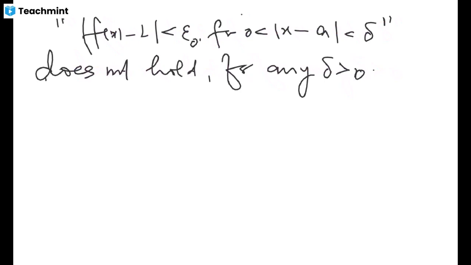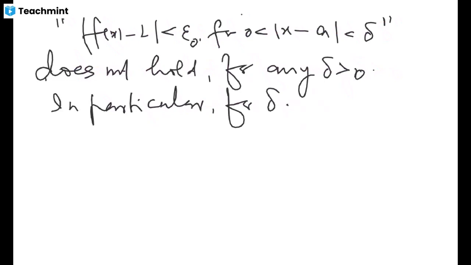What it means, in particular, is that for each choice of delta, let me be more specific, for each delta equal to 1/n, there will be a point for which the inequality |f of x - L| will not be less than epsilon naught, it will be greater than or equal to epsilon naught.